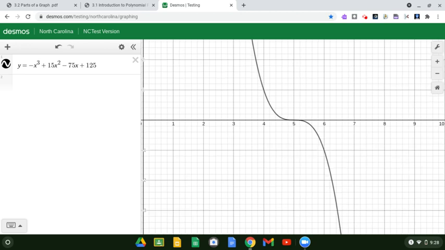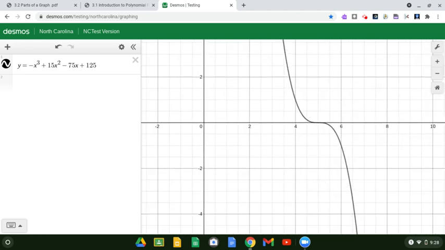Look what it does at 5. It is lying on the x-axis. We just talked about that. When a graph lies on the x-axis, as in this graph, we know that is a triple root.